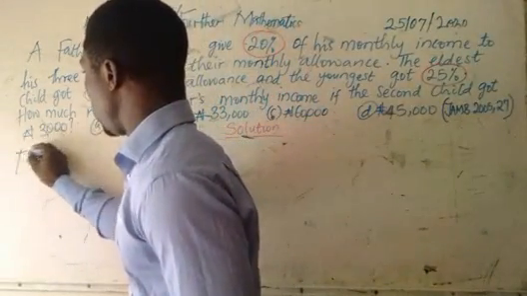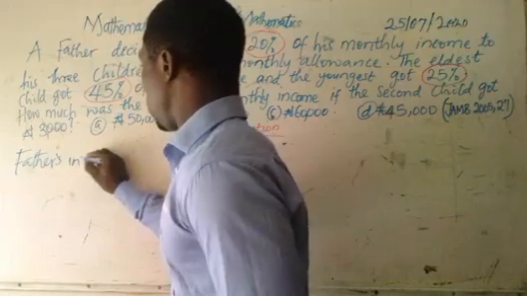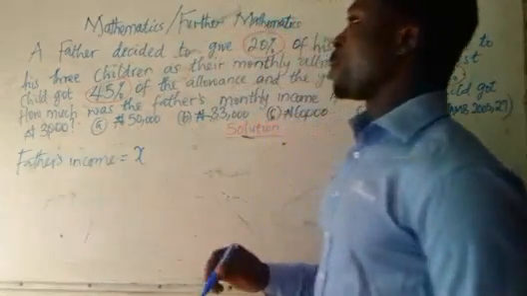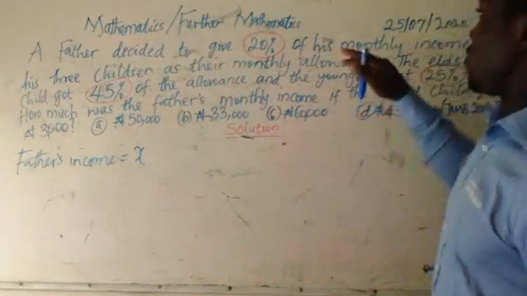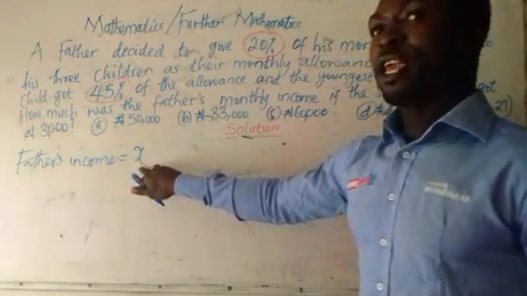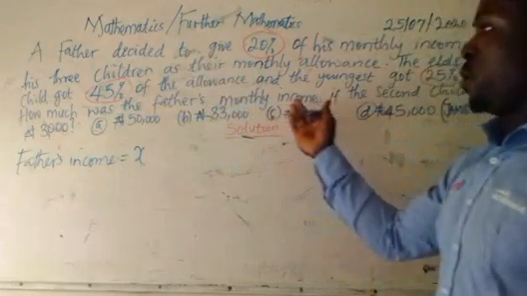So to begin with, since we are calculating the father's monthly income, let his monthly income, the father's income, equal X. And it is 20% of this monthly income that is going to be shared among the 3 children.